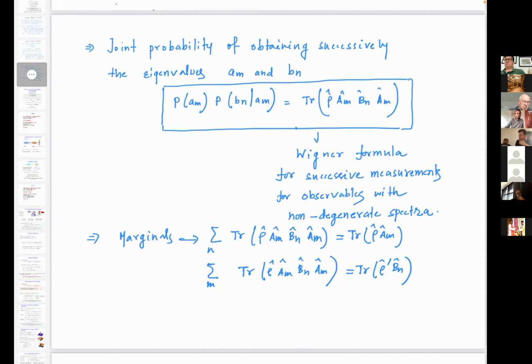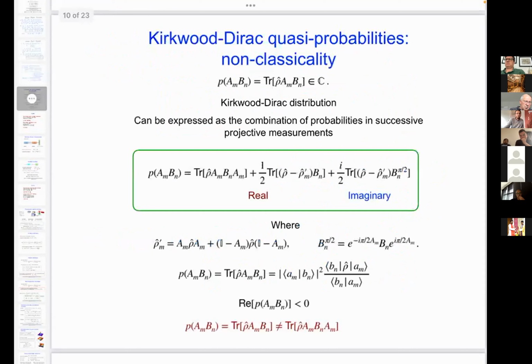This sets a scenario of weak value type, right? Now you can see the second line after the green box on the right hand side. AM is the projector for the observable, and BN is the projector for the second observable. So this is how they are setting the pre-selection and the post-selection. This is how the notion of weak value is coming in.